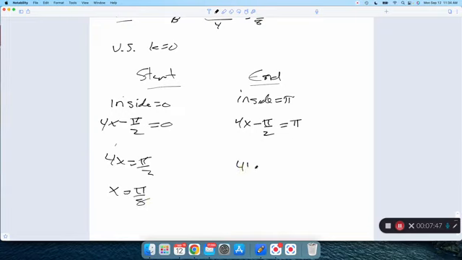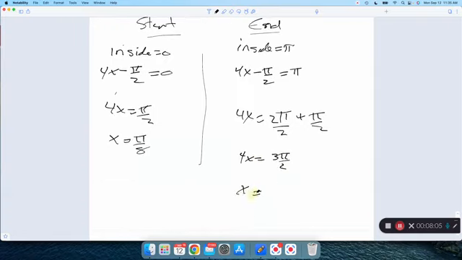And here we'll get 4x equals pi plus another pi over 2. So let's get a common denominator here. That guy would be 2 pi over 2. So that's 4x is 3 pi over 2, or x is 3 pi over 8.